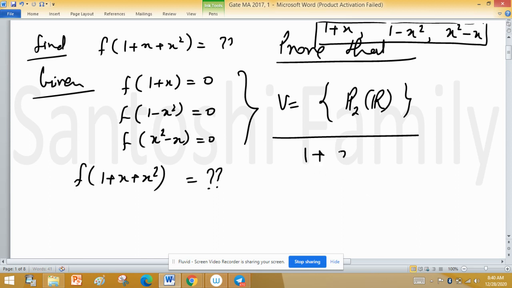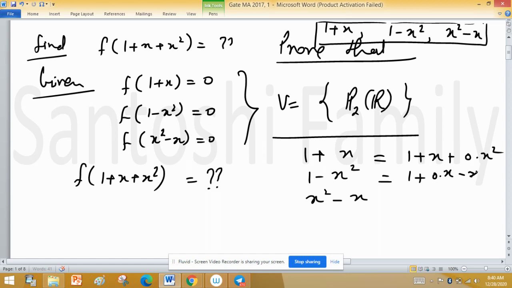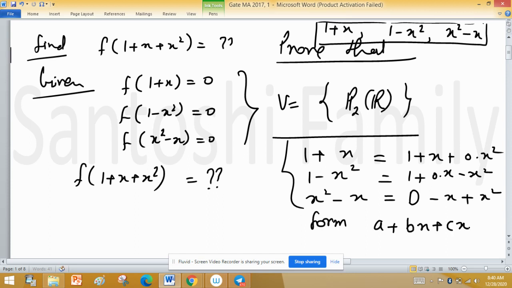Write the points 1 plus x, 1 minus x square, and x square minus x in standard form: 1 plus x plus 0 times x square, 1 plus 0 times x minus x square, and 0 minus x plus x square. These are of the form a plus bx plus cx square, or a naught plus a1x plus a2x square.